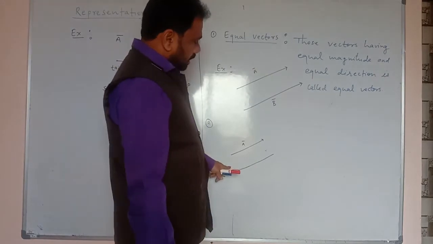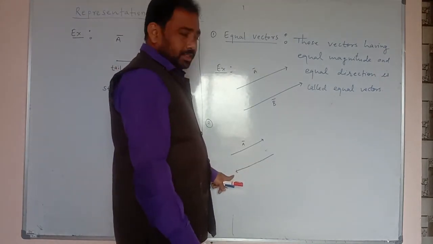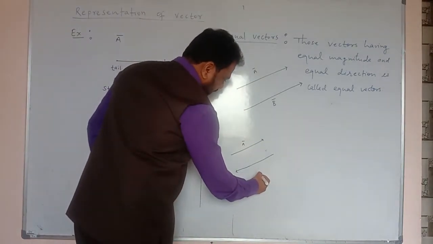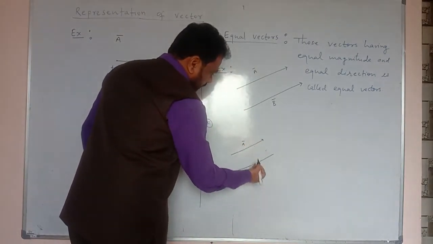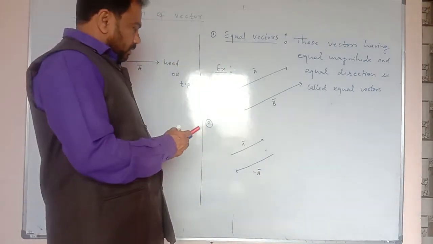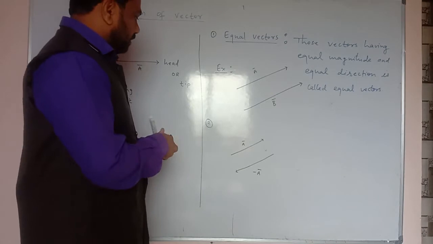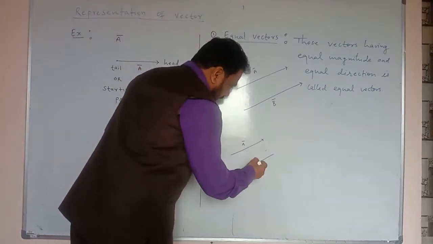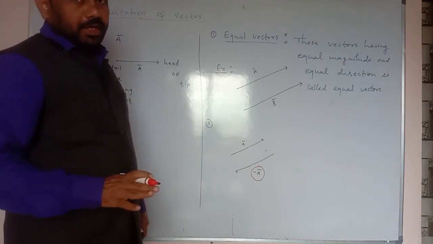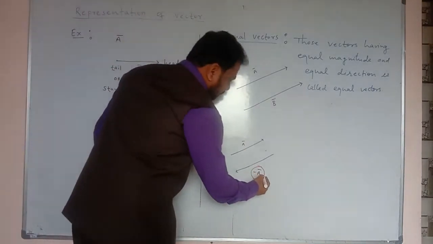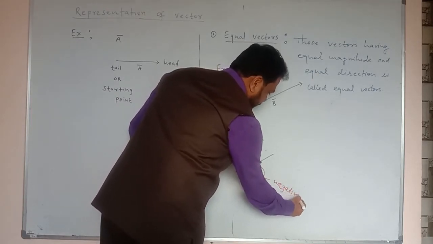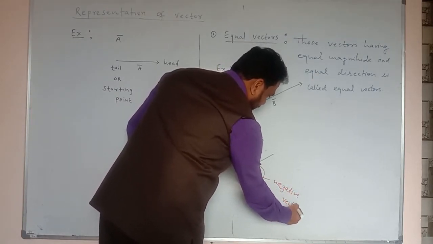But here you must draw the direction different for these two vectors. So this vector is opposite to vector A, means it is minus vector A. So what does this minus sign indicate? This minus vector A is called a negative vector, or we can say opposite vector.